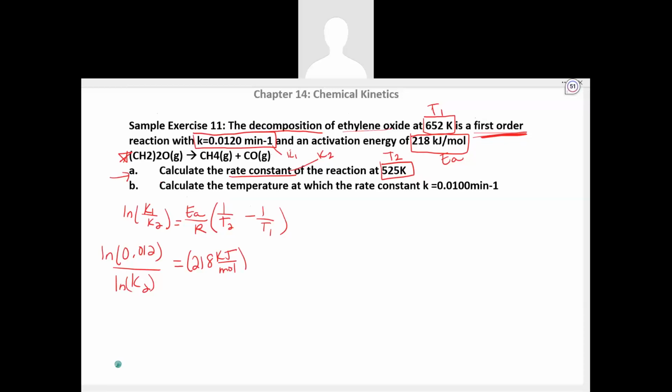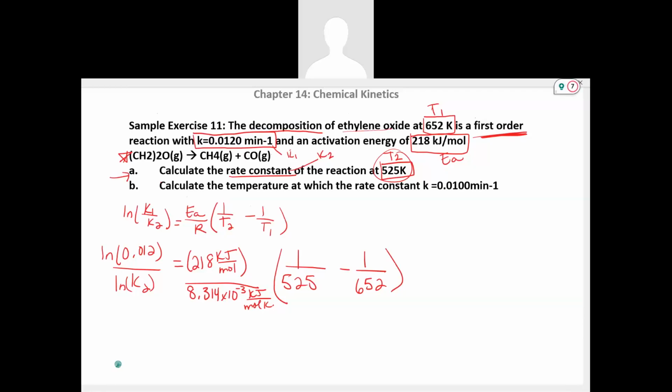So we're going to convert our R, our gas constant that's normally given in joules per mole Kelvin. We're going to just say that's times 10 to the negative 3 kilojoules per mole Kelvin, and everything will cancel out nicely. And then we're given our temperatures in Kelvin, so 1 over 525 minus 1 over 652. So now we have all the information we need.